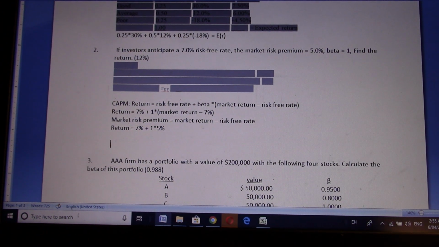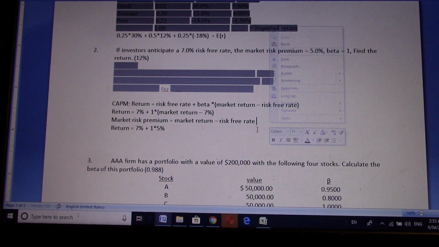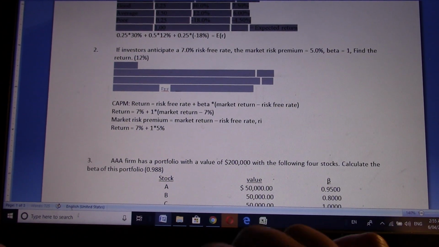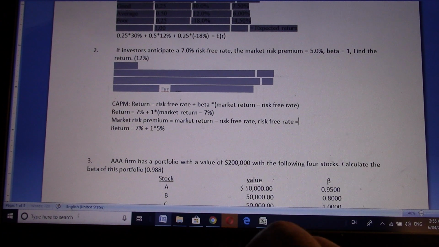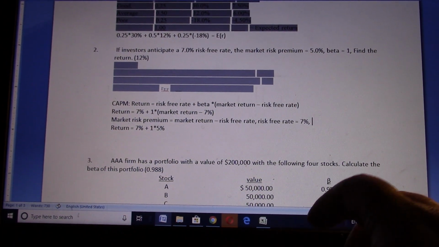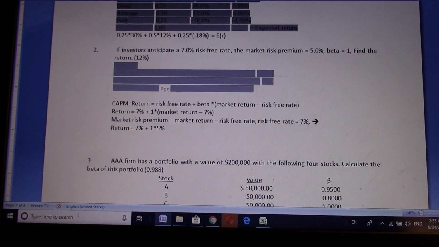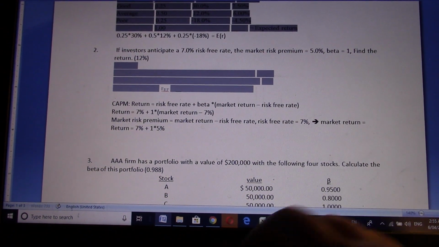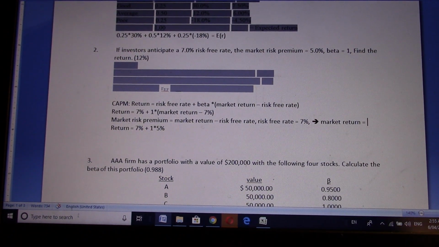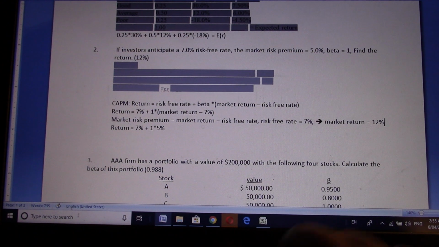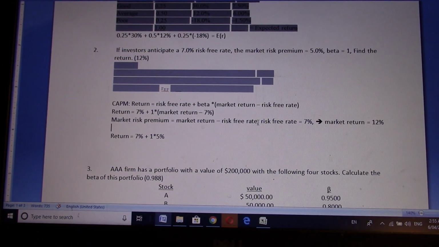Since we know the market risk premium equals the market return minus the risk-free rate, and the risk-free rate is 7%, we can calculate the market return: 7% plus 5% is 12%.